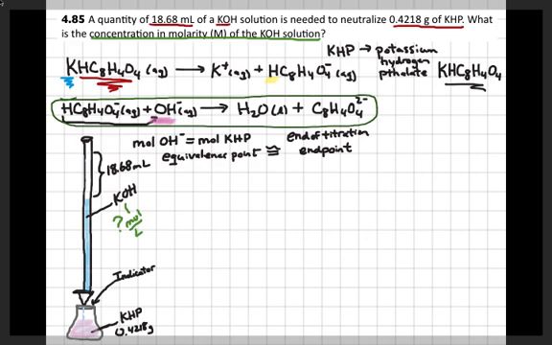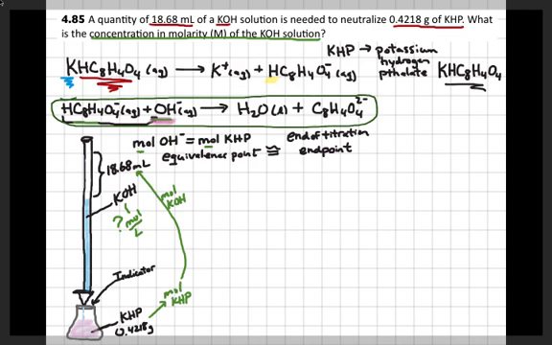Well, we know how much KHP we have, 0.4218 grams of KHP. And if we can calculate the moles of KHP, then based on our mole-mole ratio of 1 to 1, we should be able to calculate the moles of hydroxide that were in that 18.68 milliliters.